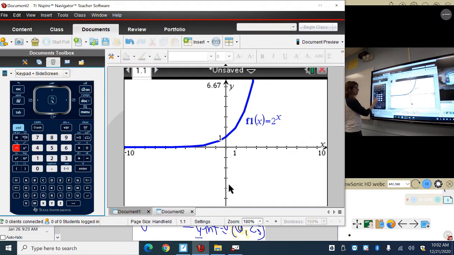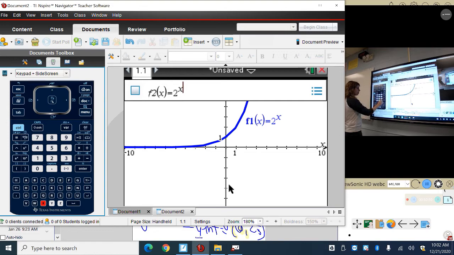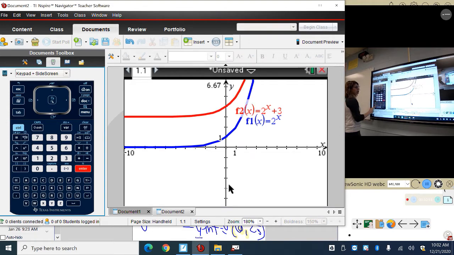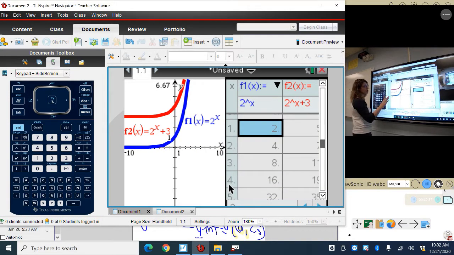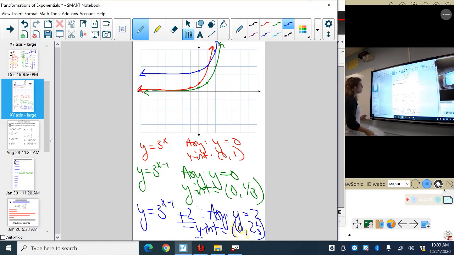If I go ahead and put 2 raised to the x plus 3, arrow to the right, and move it up 3 units, you can see that. If I hit Control T for my table, you can see the XY tables, and you'd be able to graph all of this on Desmos as well to be able to prove that what you're doing is correct.